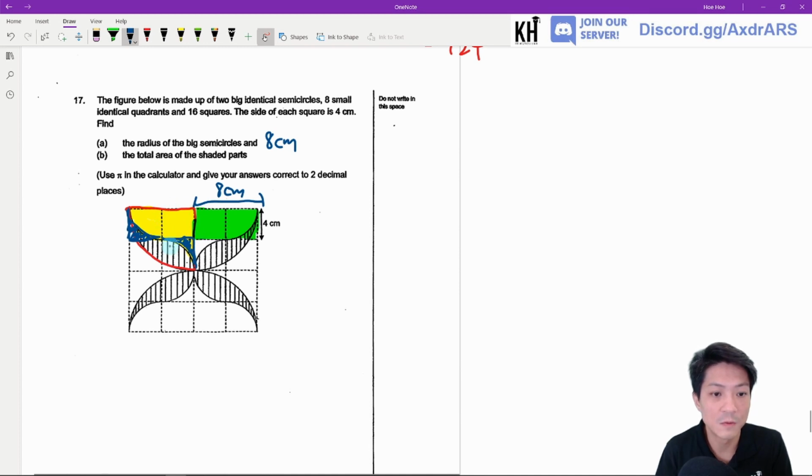So to find the area of one of the shaded parts, I just need to find the area of the quarter circle minus away the area of 2 squares. Then after that, the whole thing I multiply by 4.